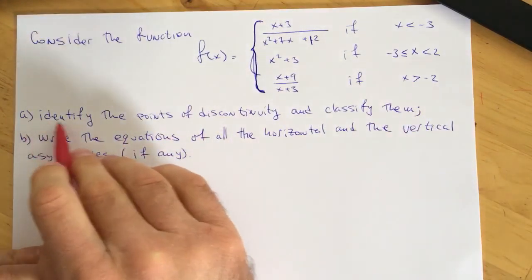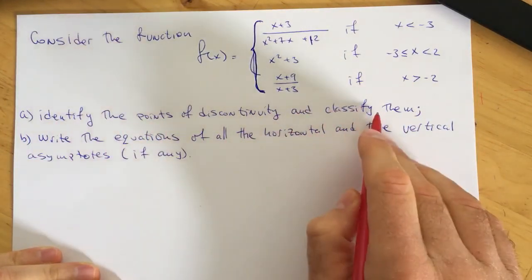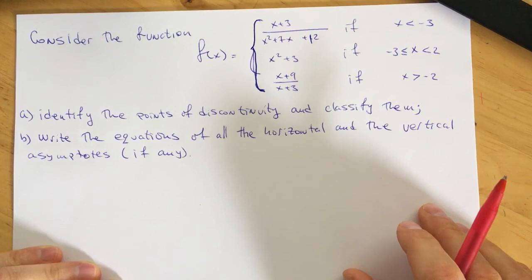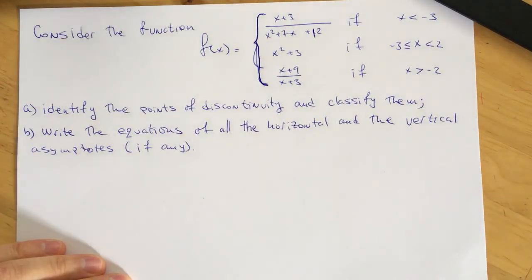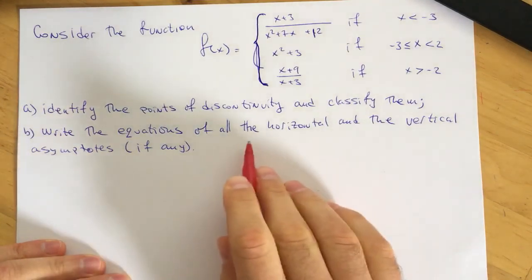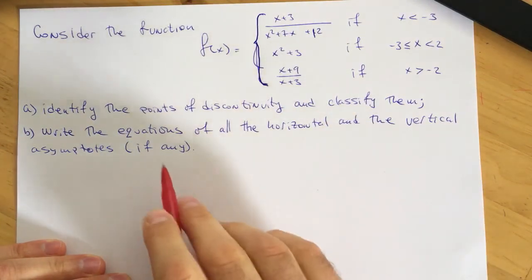A: identify the points of discontinuity and classify them. That means say whether we're talking about infinite discontinuity, removable discontinuity, or jump discontinuity. And B: write the equations of all the horizontal and vertical asymptotes, if any.